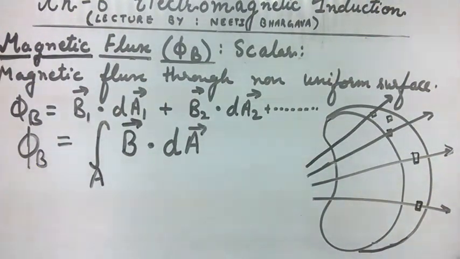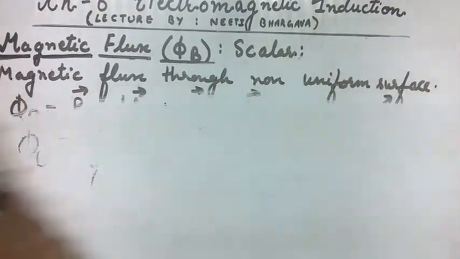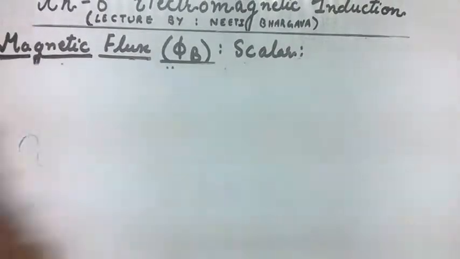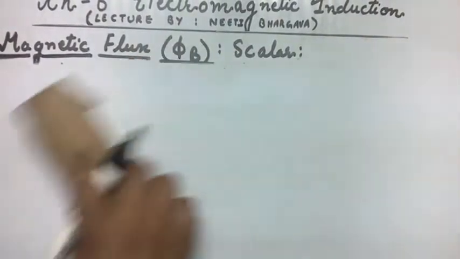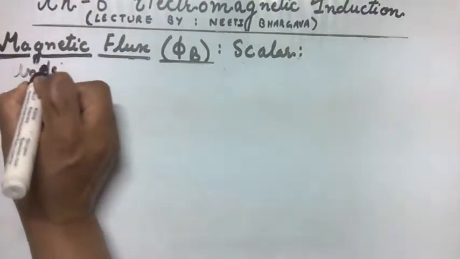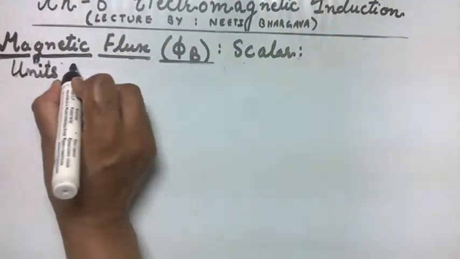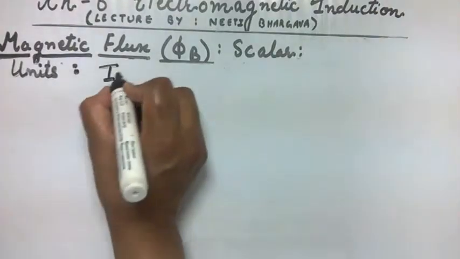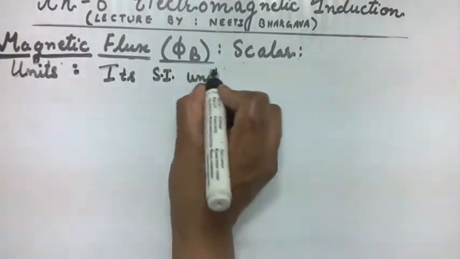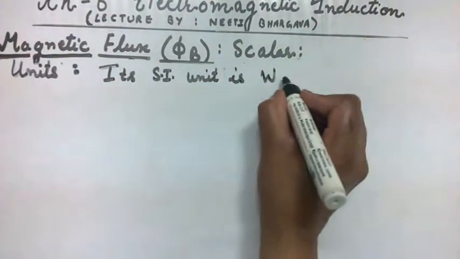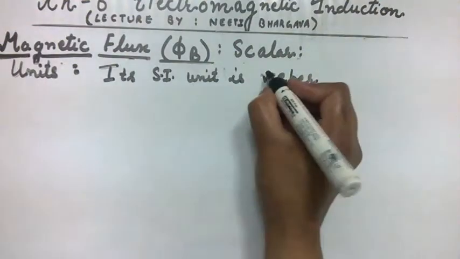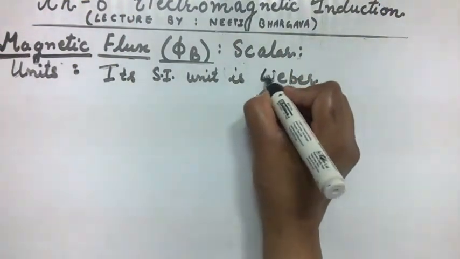Units of magnetic flux. Its SI unit is Weber. Weber is the name of a scientist, thus we are writing it in full.